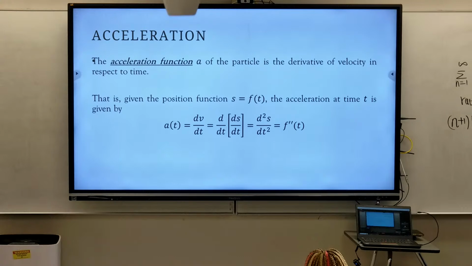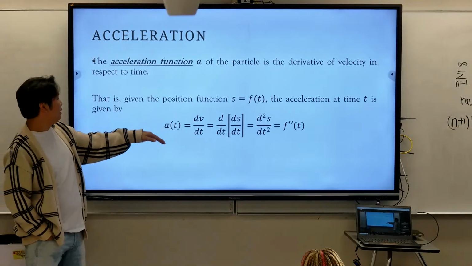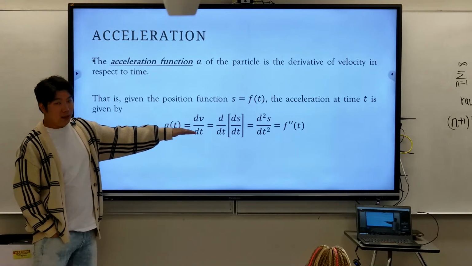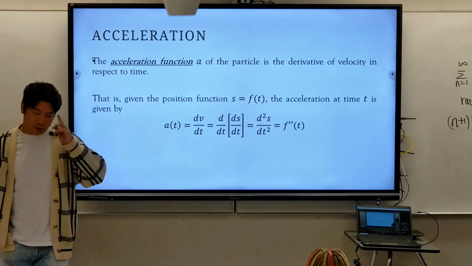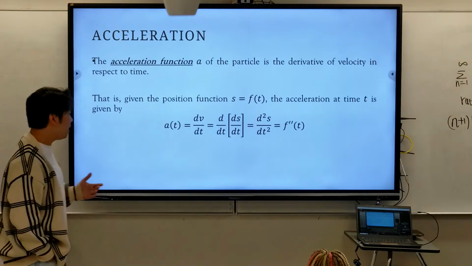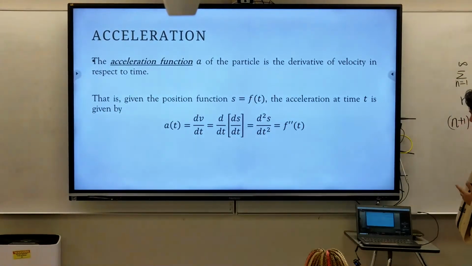We'll talk about that more in a second. So if I have a position function, acceleration is the derivative of velocity. But since we know velocity is a derivative of position, we can also say acceleration is the second derivative of position. That is, a(t) = d²s/dt².